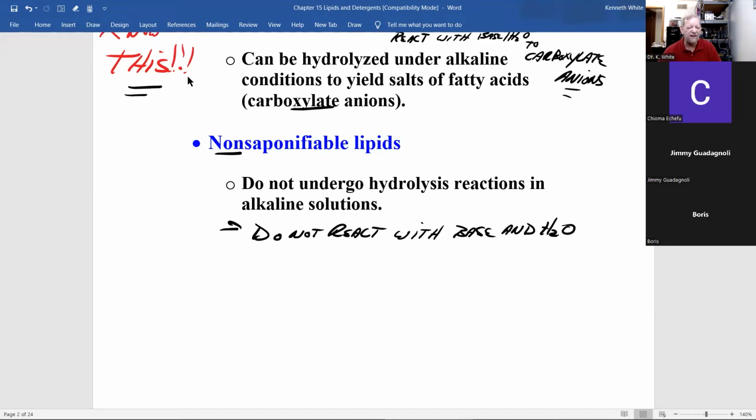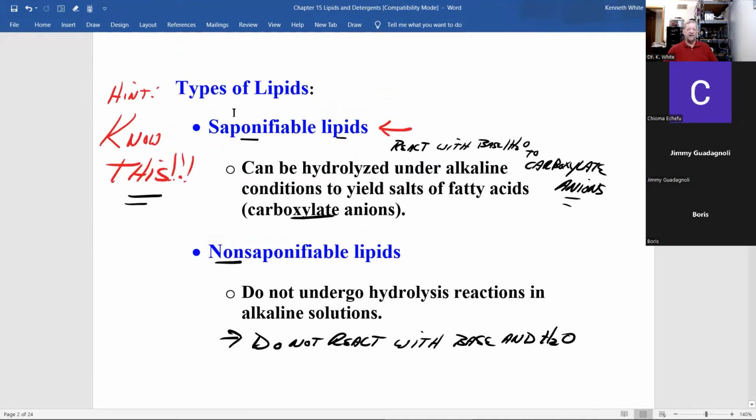So non-saponifiable lipids do not react with base and water, no reaction. Saponifiable lipids do react with base and water to give carboxylate anions.